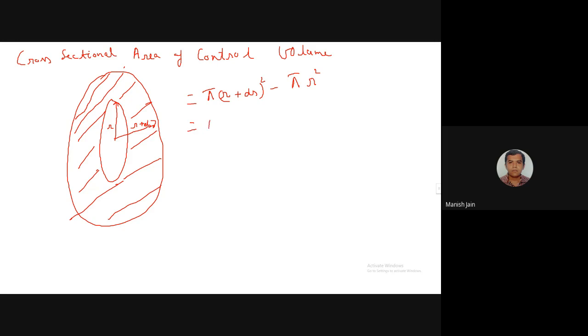So when you expand this, you will get pi r square plus 2 pi r dr plus pi dr square minus pi r square. So pi r square and pi r square will be cancelled out. You will get 2 pi r dr plus pi dr square. Okay, now dr is very small.